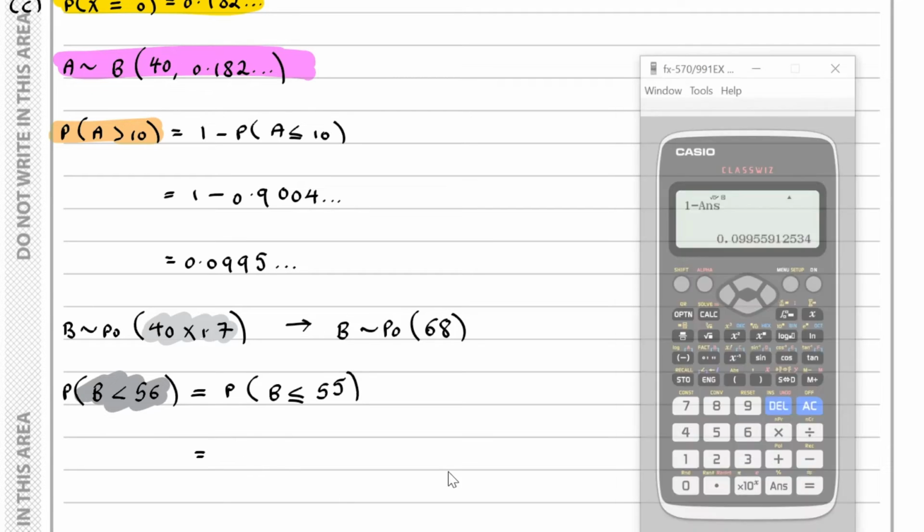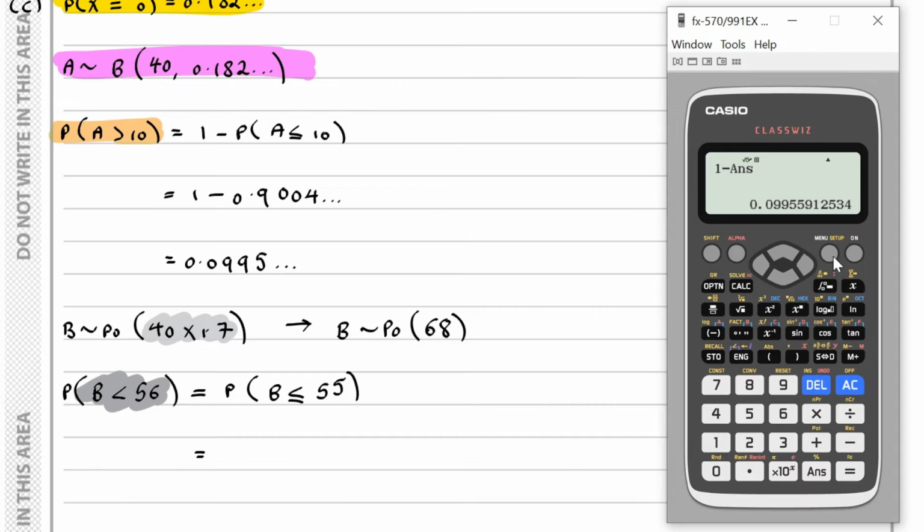So working this out, back here to the distribution section, we have a Poisson CD with variable 55 here and 68 here, and we end up with 0.0611, etc.